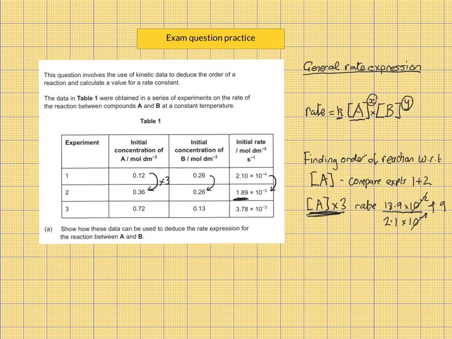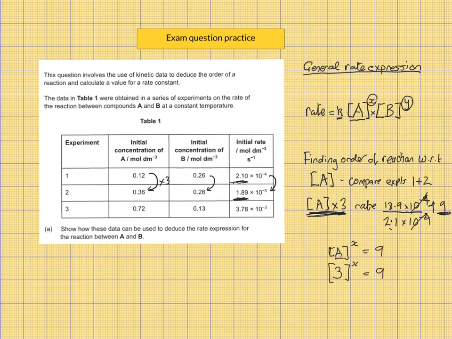I've changed that to 18.9 times 10 to the minus 4, divided by the rate here, which is 2.1 times 10 to the minus 4. The 10 to the minus 4's cancel. 18.9 divided by 2.1 is 9. As the concentration of A is tripled, the rate goes up 9-fold.